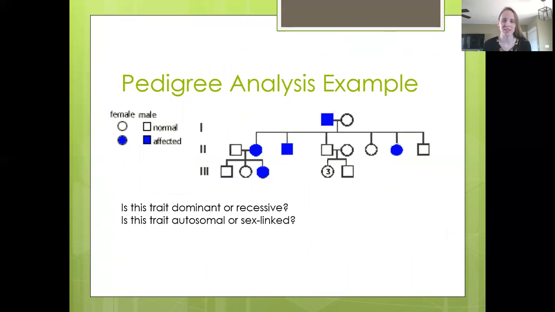And then as far as whether it is dominant or recessive, here you can see that it's not skipping any generations. At the top here, it's in the grandparents, it's in the parents, it's in their children. So every generation is experiencing this. Therefore, it must be a dominant trait.